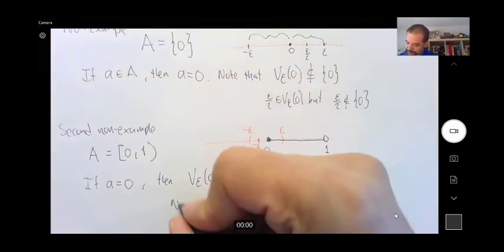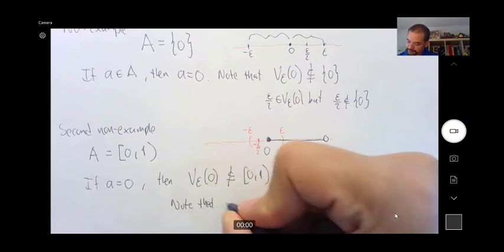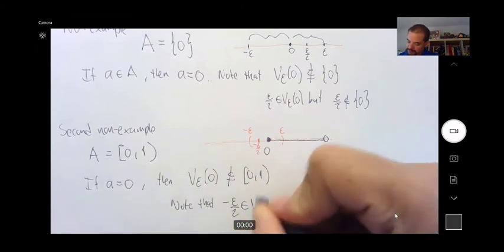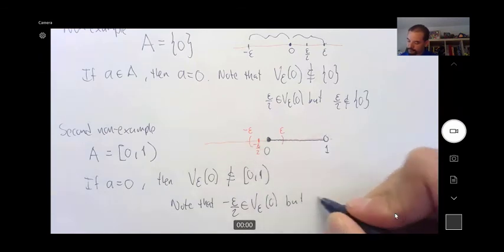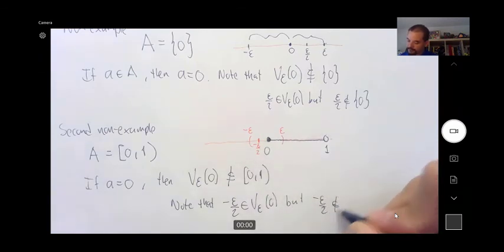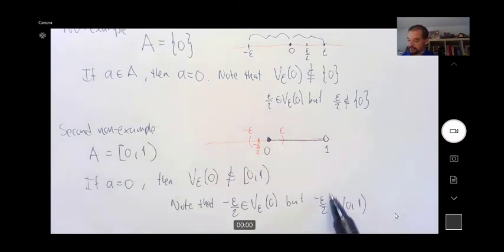So note that negative epsilon over 2 is in the epsilon neighborhood, but obviously is not in the interval [0, 1) because it's a negative number. So no matter which epsilon you pick, this fails. This is not a subset of that. Therefore, it's not open, right?